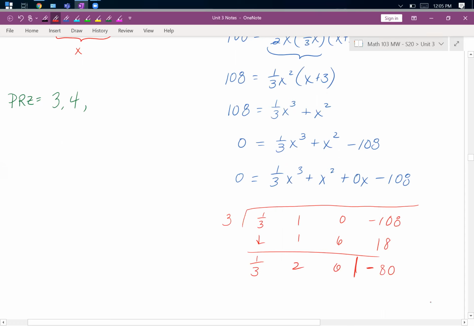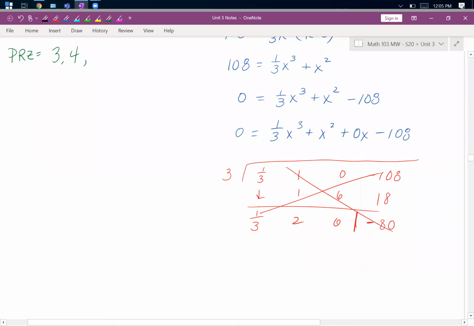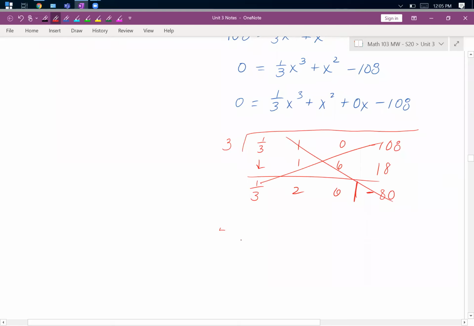So we get -80. That didn't work. Guess we can try 4 next. I don't know, but 3 feet wide, that's pretty tight in a little tent there.